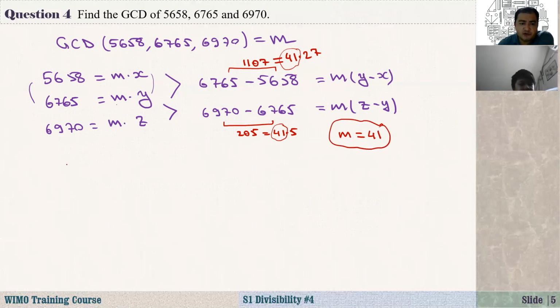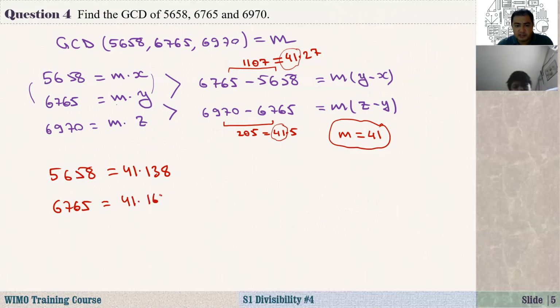Now if you check 5658 divided by 41, it is 41 times 138. And 6765 divided by 41 is 41 times 165. And the last number, 6970 divided by 41, the answer is 170.